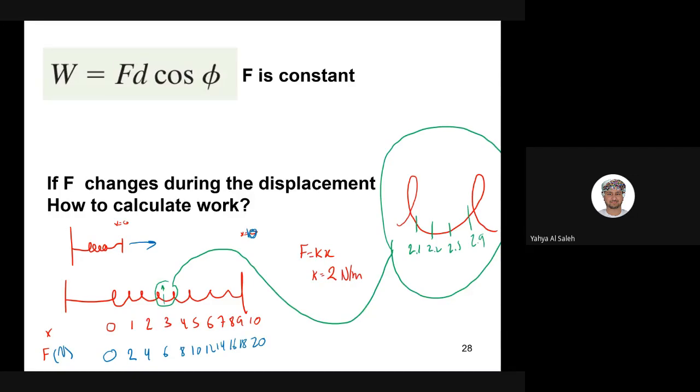So what is my limit? Should I do it at 0, 1, 2, 3, 4, 5, 6, 7, 8, 9, 10? Or should I do it at each one of the point ones and then add them all up? What should I do?